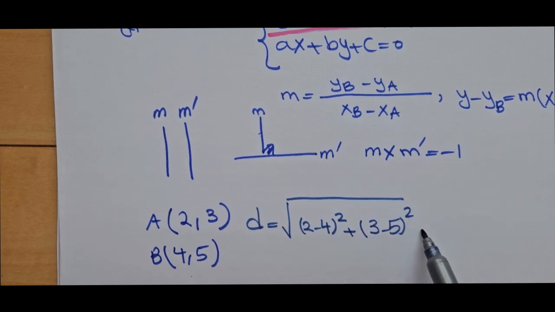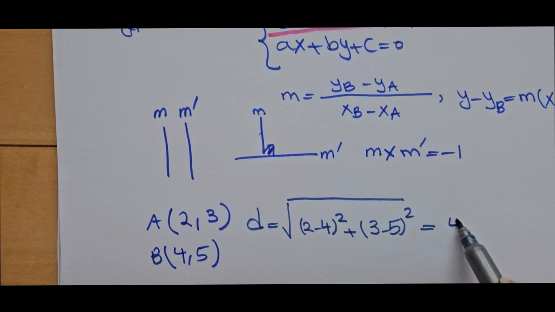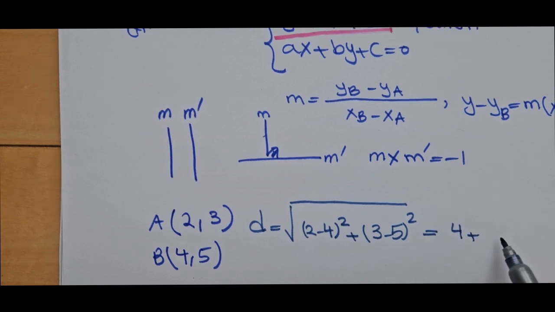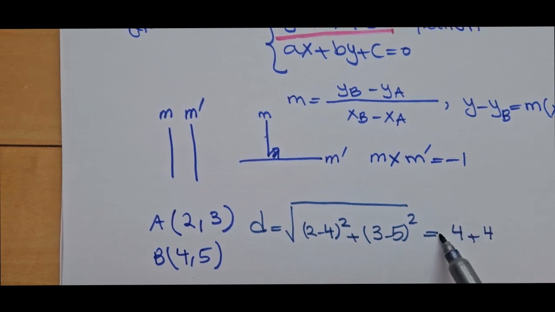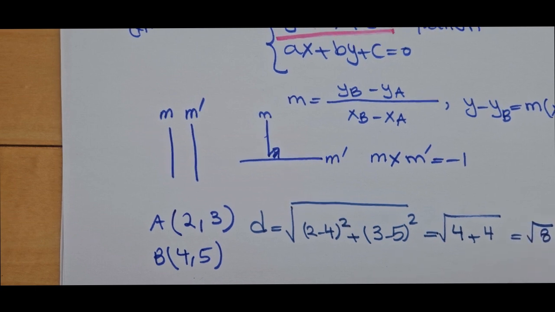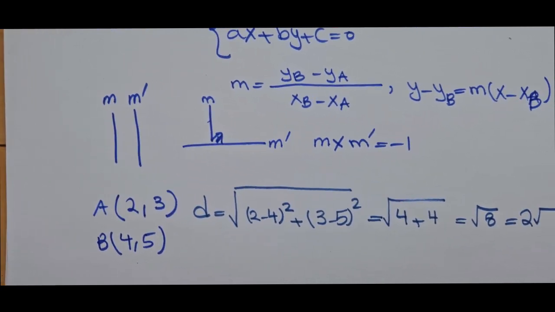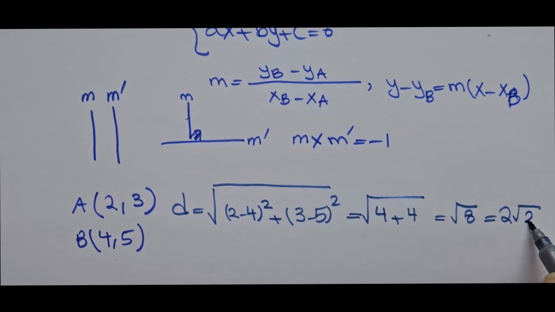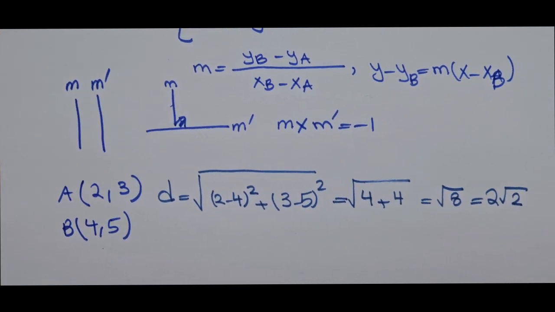And remember, the distance, as I just mentioned, is always a positive value. So 2 to the power 2 is 4, and there is another 2 to the power 2, which is 4. So that would be square root of 8. If you simplify it, it would be 2 square root of 2. So this is the distance.